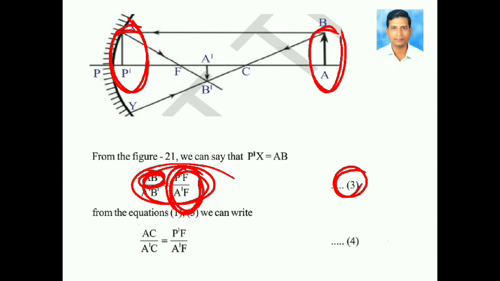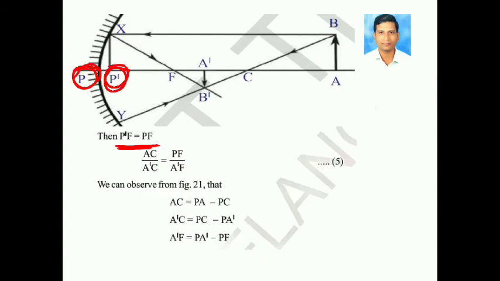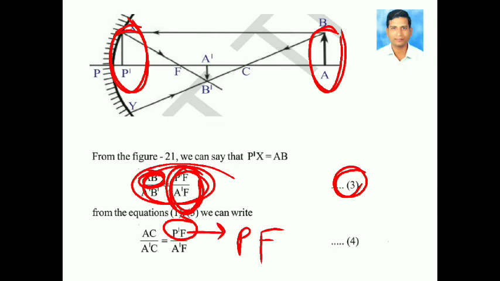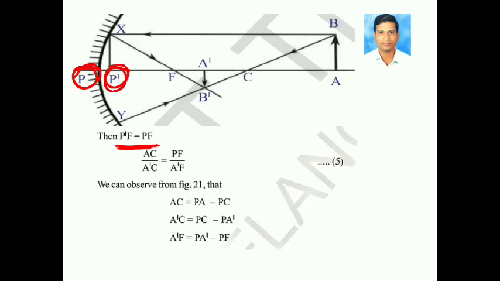In equation 4, instead of P dash F, we have to write PF. So equation 4 can be modified as AC by A dash C is equal to PF by A dash F.